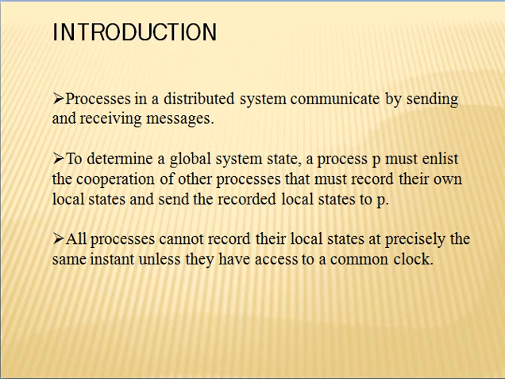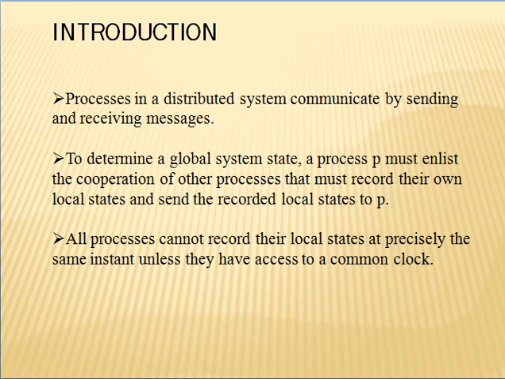Processes in a distributed system communicate by sending and receiving messages. A process can record its own state and the messages it sends and receives. To determine a global system state, a process P must enlist the cooperation of other processes that must record their own local states and send the recorded local states to P.